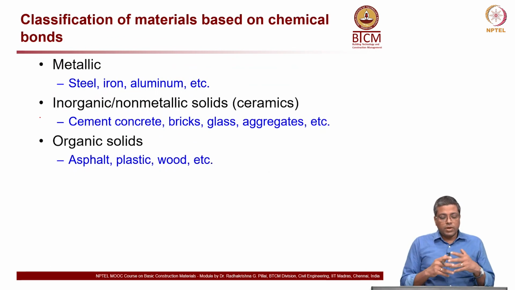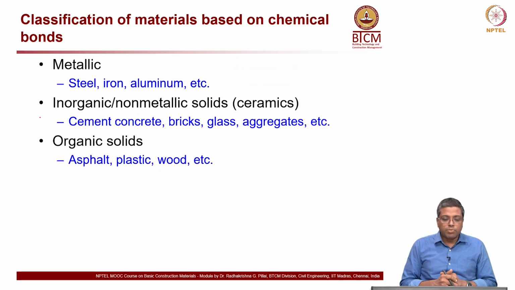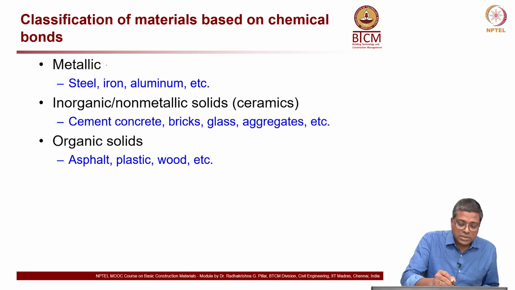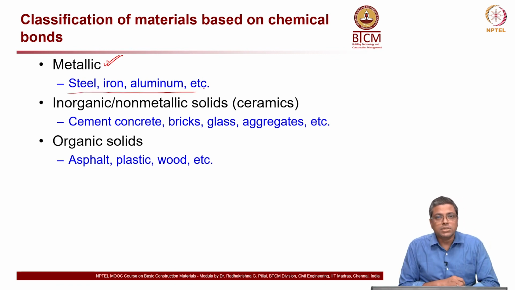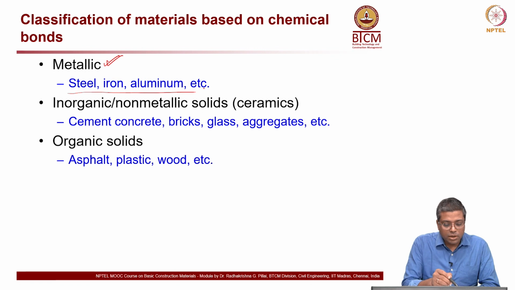Now, we covered these different types of bonds, and materials can be classified based on the type of bonds present. For example, metallic materials like steel, iron and aluminum have metallic bonds.